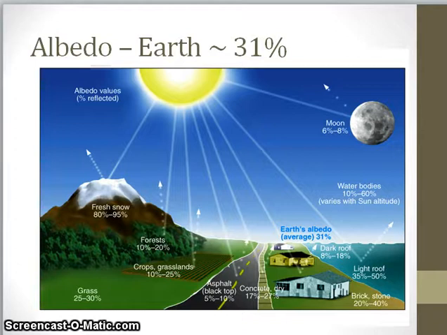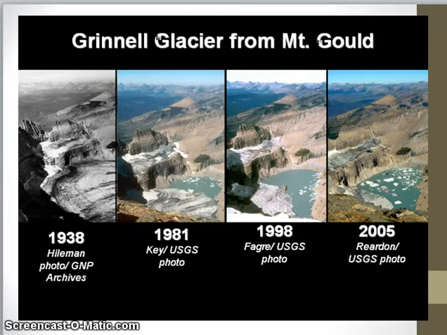So it's really important when you look at the Earth's ability to heat and cool itself that you understand the albedo, or the reflectivity. And if we dramatically change the albedo of the Earth's surface, we're going to have consequences. So here's a couple examples. This is an example of some glacier melt.